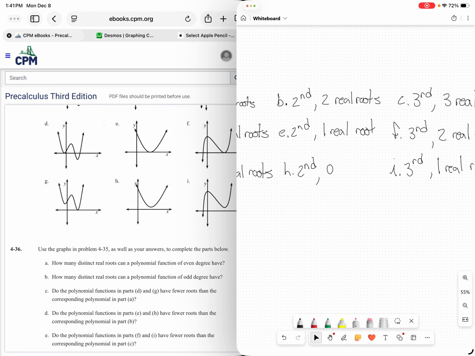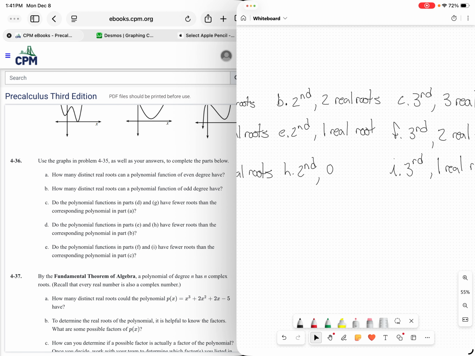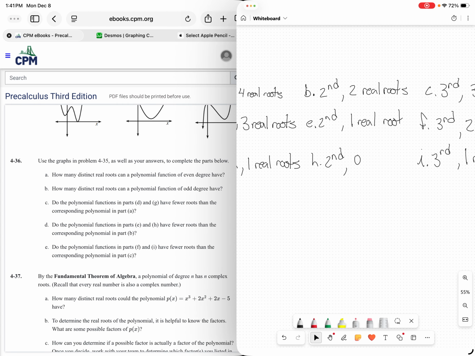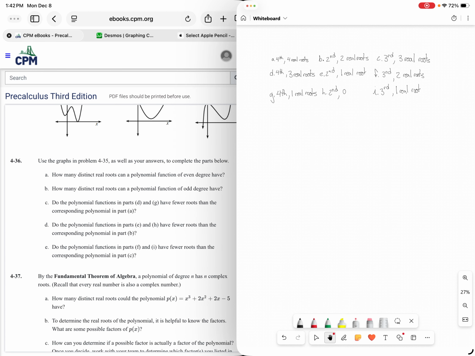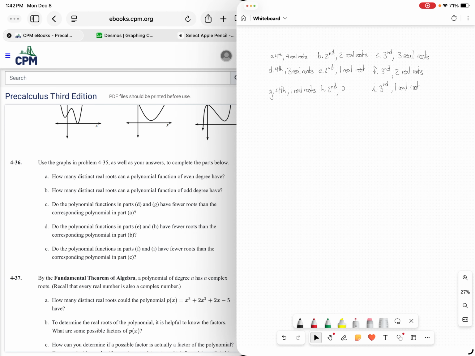Okay, so let's move to 36 here. Using the graph as well as your answers to complete the parts. How many distinct real roots can a polynomial function of even degree have? Okay, so again, if we're looking at our columns here, how many distinct real roots can an even function have?